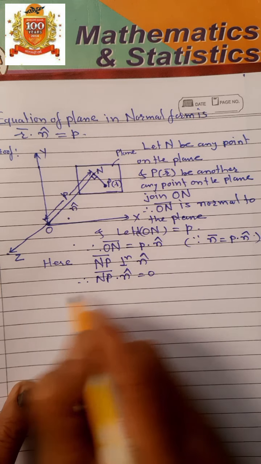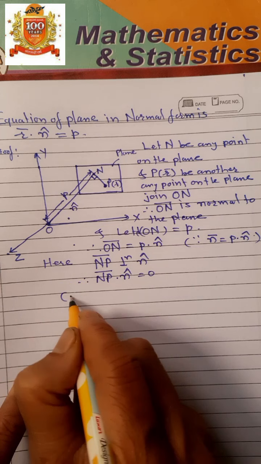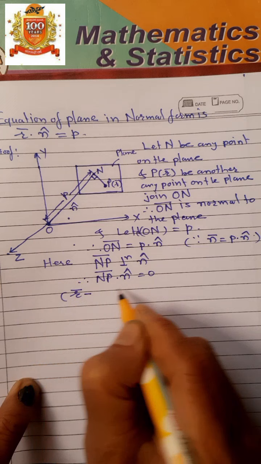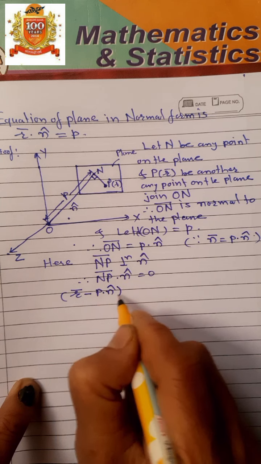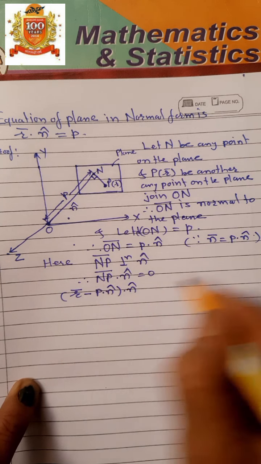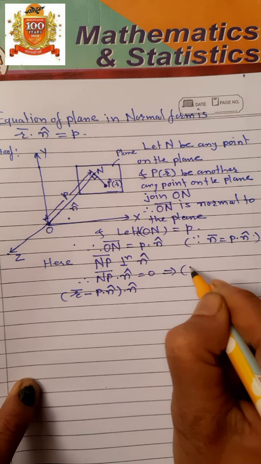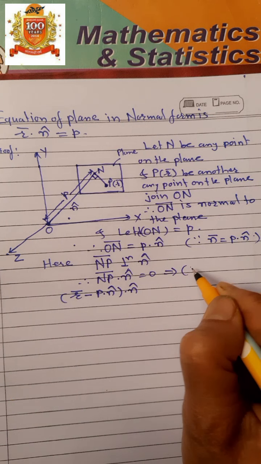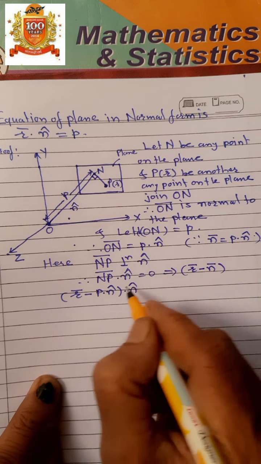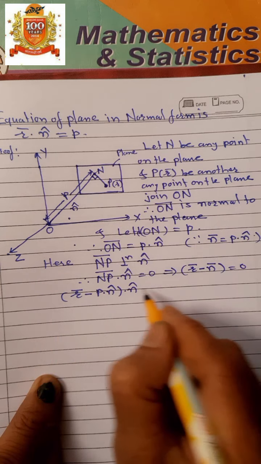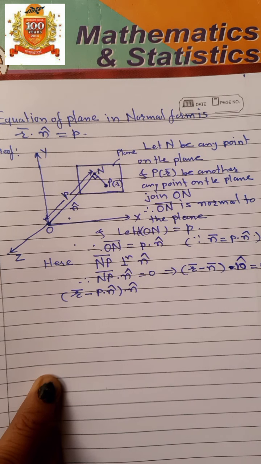Now NP means r bar minus n bar, and we can write the simplest form: r bar minus n bar, isn't it, dot n cap is equal to 0.